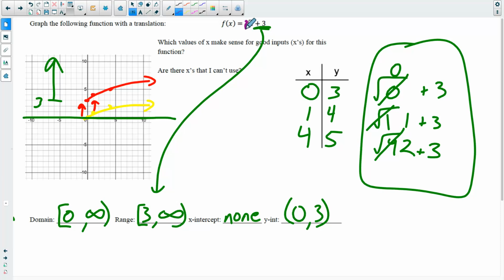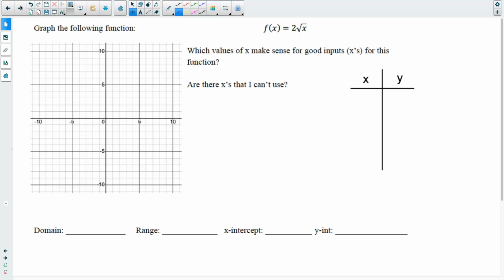I could keep going on and on if I choose my x's purposefully. If I put 5 right here, I can't do that. But if I put 9, then I can put 6. What are these numbers again? Perfect squares. So if I continue with perfect squares, I can increase by 1, or by whatever number is there. Just something for you to think about. I'm giving you a lot of connections, but I don't necessarily need you to memorize these things. You can plug numbers in your calculator, and honestly, you could guess and check most of the tests and still do all right.